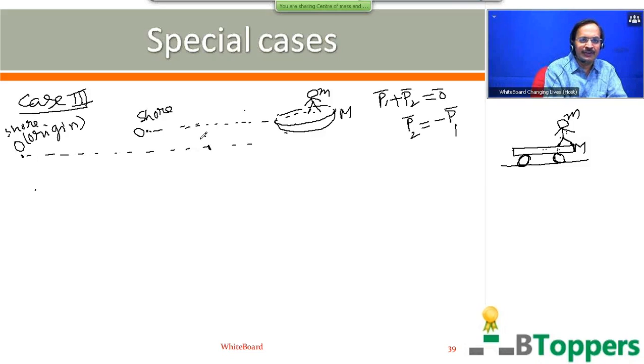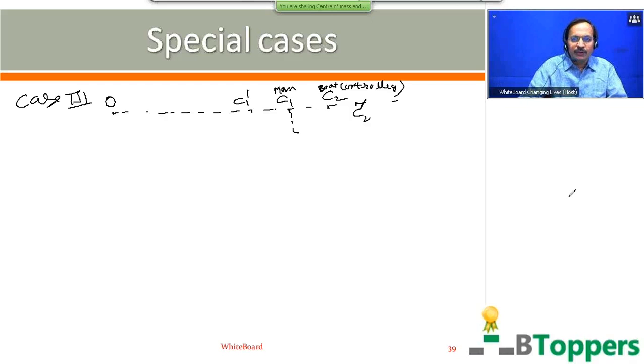Let C1 be the initial point, center of mass of the man. C2 be the initial point, center of mass of the boat. Let's draw a separate figure here. So let C1 be the initial position of center of mass of the man or person standing on the boat.